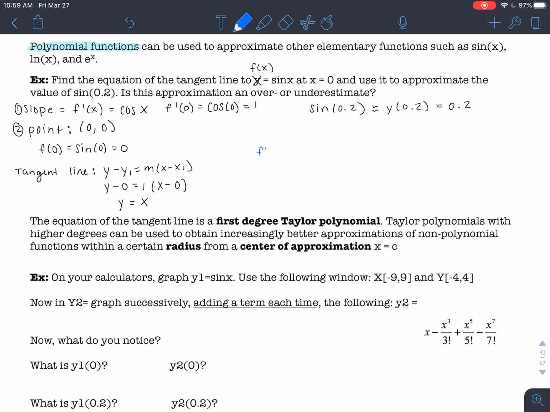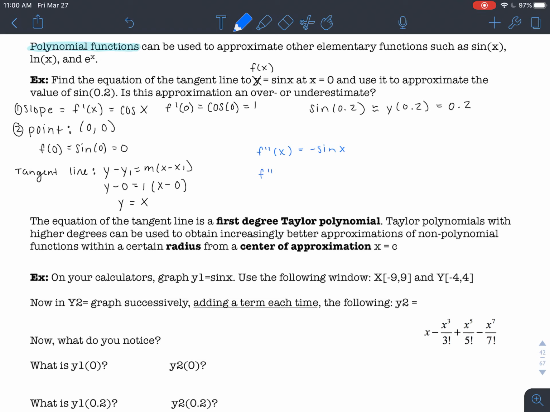And so now if we want to determine if this is an over or an underestimate, we're going to look at the second derivative. So the second derivative, the derivative of cosine is negative sine of x. And so now we want to think about what is the sign of this second derivative on the interval containing x of 0.2.